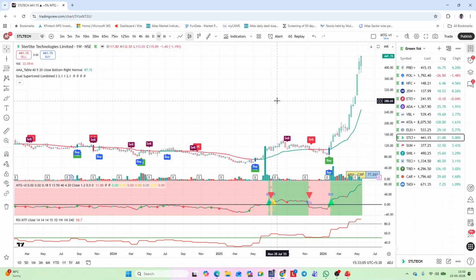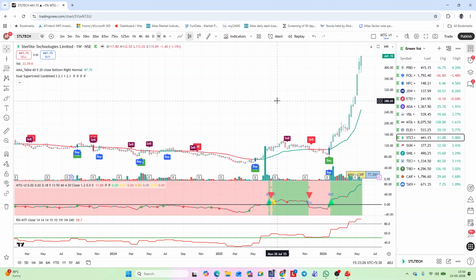Whether the move is coming or not coming, that's a different story that we will know only once we take the trade. But if you connect the dots with the fundamentals or the tailwinds of that particular stock, whether any tailwind is playing particularly with that sector.